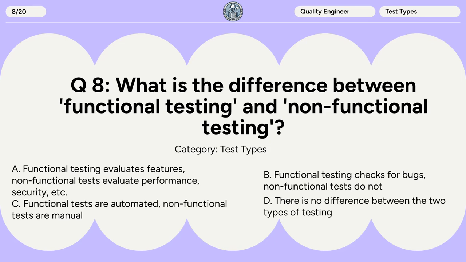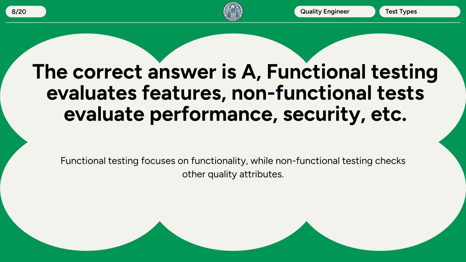D. There is no difference between the two types of testing. The correct answer is A. Functional testing evaluates features, non-functional tests evaluate performance, security, etc. Functional testing focuses on functionality, while non-functional testing checks other quality attributes.